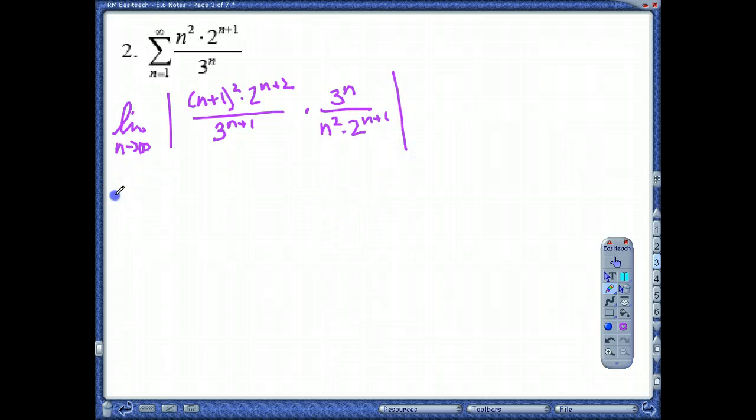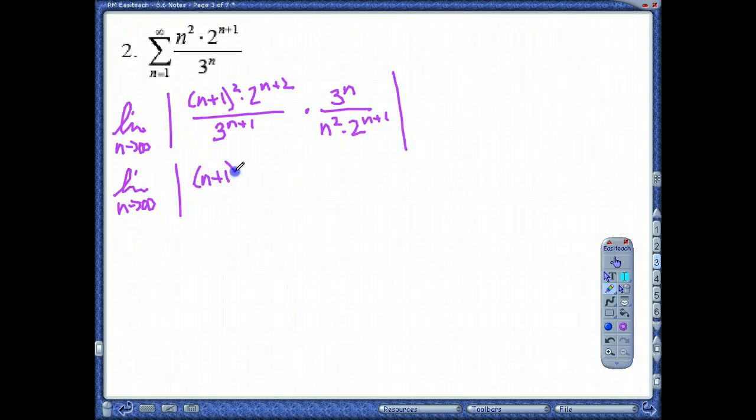Okay. Then we're going to do the same thing we did before and split it apart. Okay, so looking at my 2 to the n plus 2 and my 2 to the n plus 1, they're only different by 2 to the 1 power.